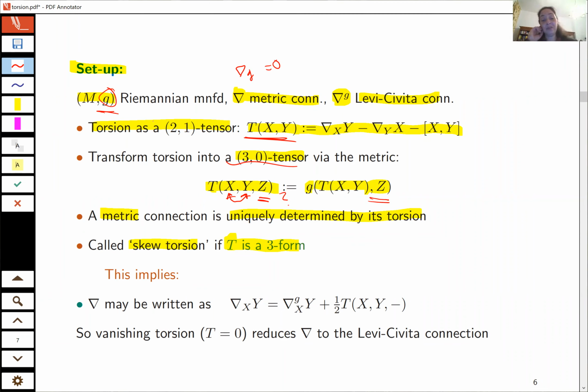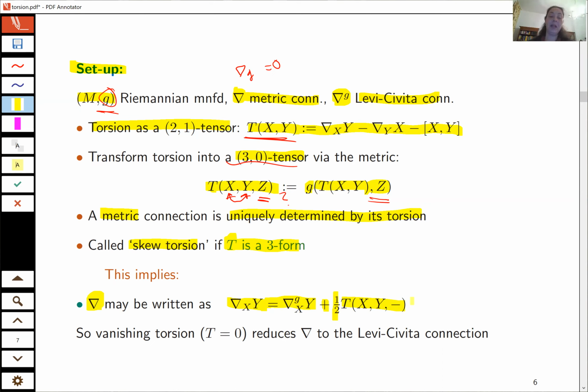If this is the case, then the connection may be expressed in the following way. Nabla_x y is equal to the Levi-Civita connection, just as my reference connection, plus, and then one checks that the right normalization factor is 1/2 T(x,y), where this is a one form and I just dualize as needed.